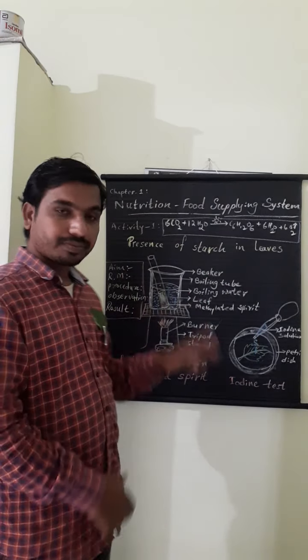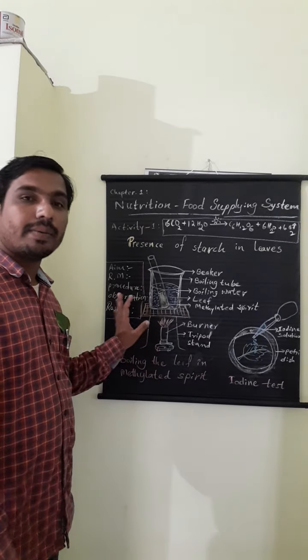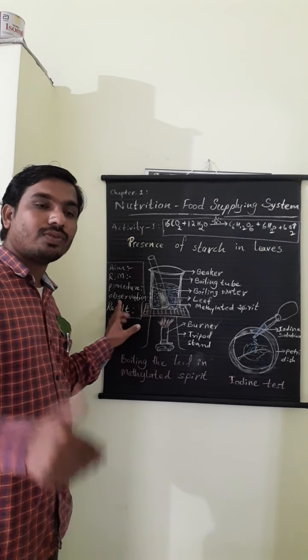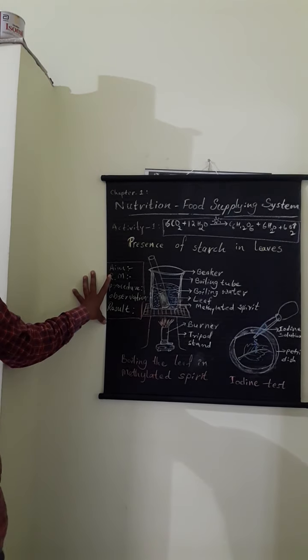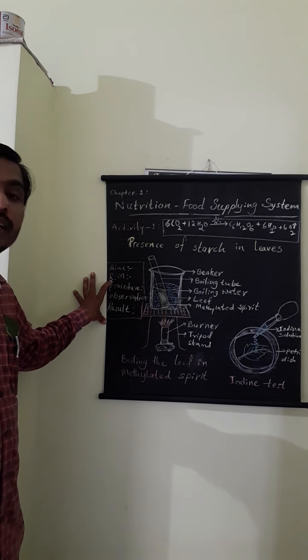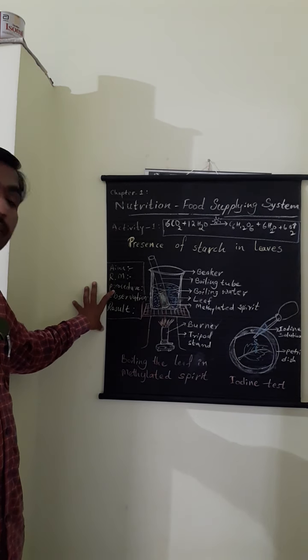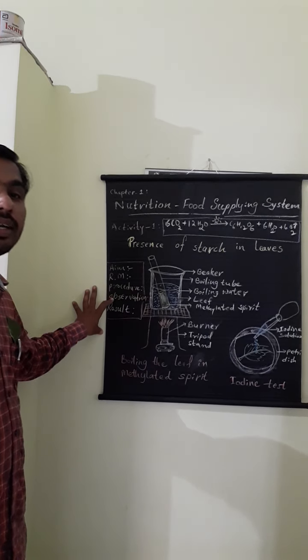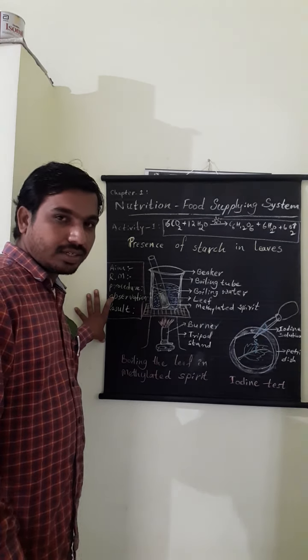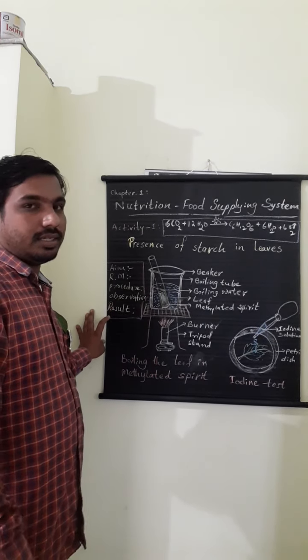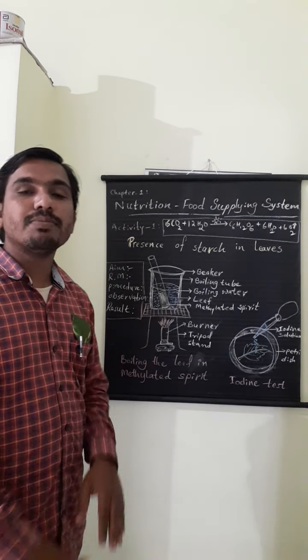First of all, in conducting a lab activity we have to follow mainly five steps. The first one is aim, the second is the required material, the third is the procedure, the fourth is the observation, and finally, the result. It's very simple.